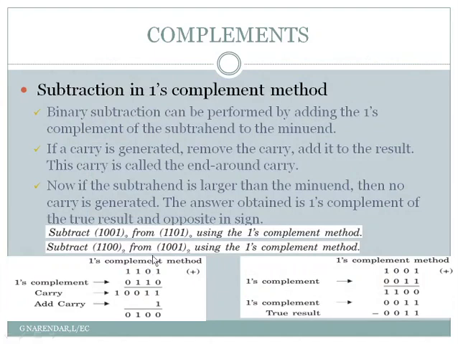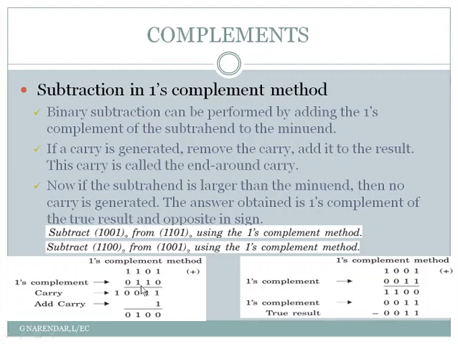This is the result of subtraction using ones complement method. What we have done is subtract 0110 from 1101. If you cross verify by converting all these into decimal, you can see that 1101 means it is 13: 8 plus 4 is 12, and plus 1 is 13. And from 13, what are we subtracting?